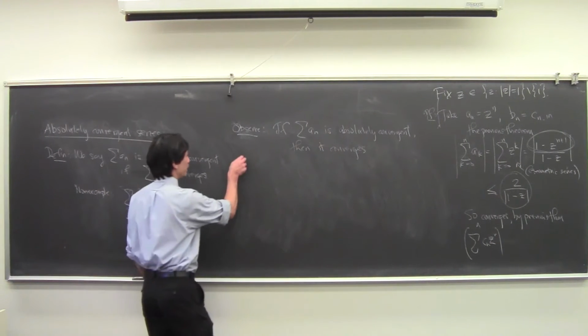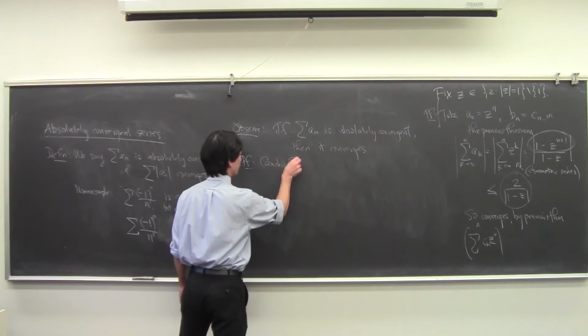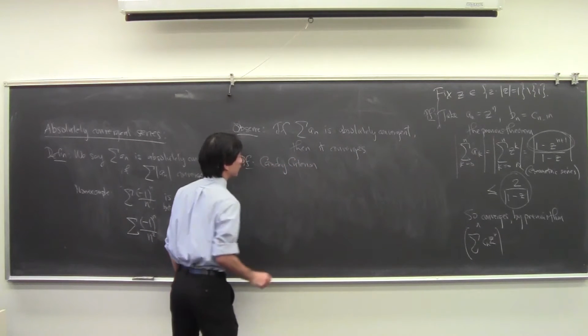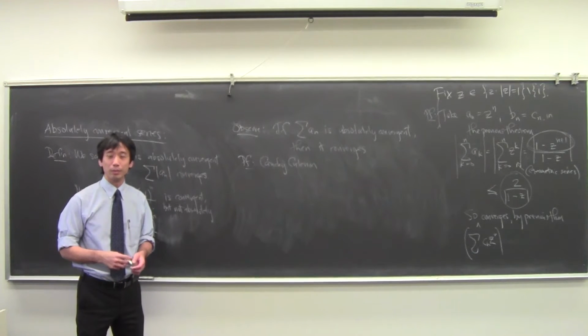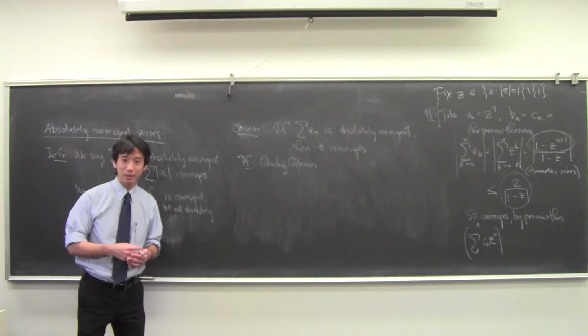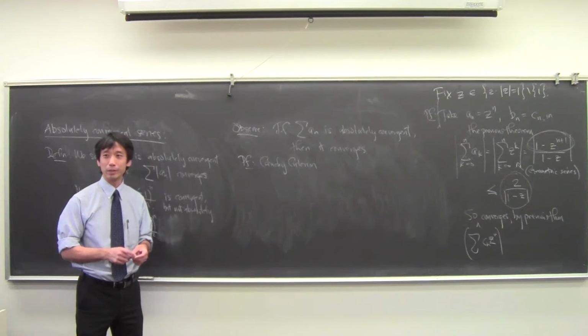Okay. And in my notes, I say proof: Cauchy Criterion. Take 1 minute and explain to yourself or somebody nearby why this is just a consequence of the Cauchy Criterion.